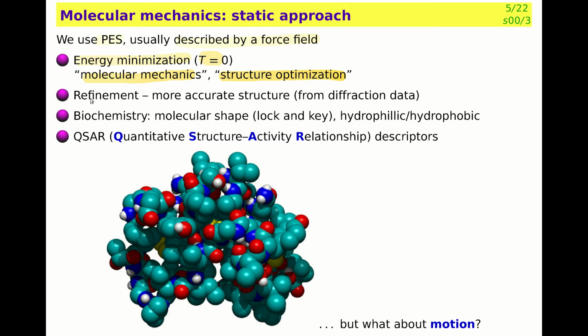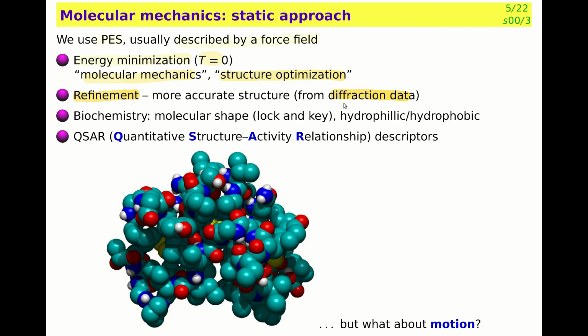But if we have such a mechanical model that is a force field, we can use it for a number of other calculations. One of them is the so-called refinement. You have heard that we can obtain a structure of matter from diffraction data. We put our sample, it may be a crystal or sometimes a liquid, into a source of radiation, for example, monochromatic X-ray radiation, or neutron radiation, or sometimes also electrons, and we'll get a diffraction pattern.